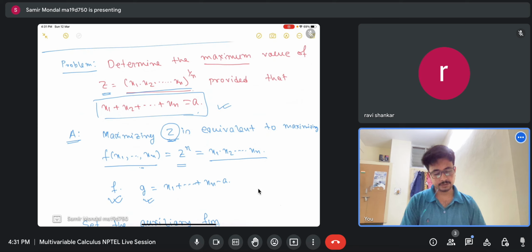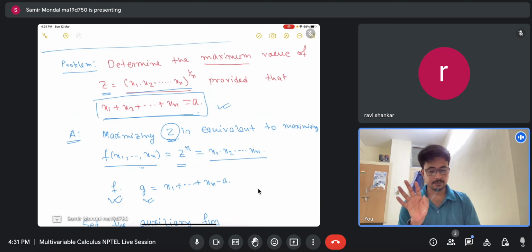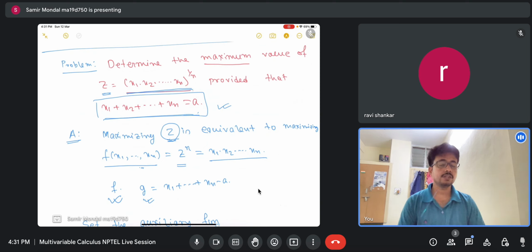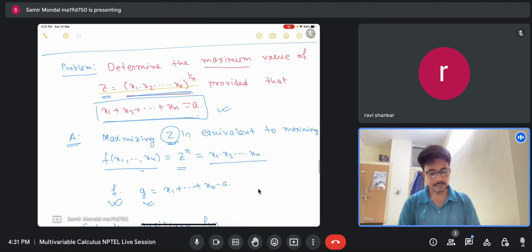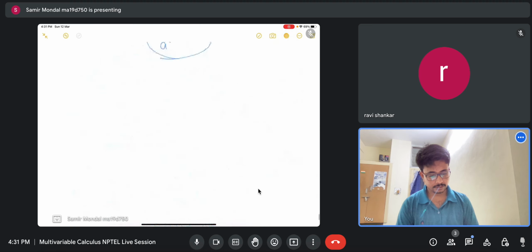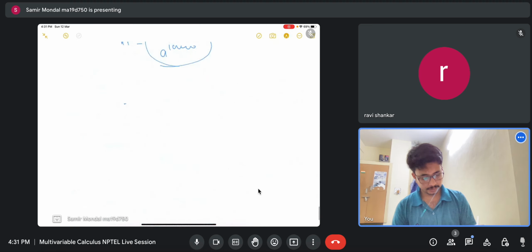How? From here we will get the arithmetic mean of n positive numbers, and from this product we will get the geometric mean. But this z is less than or equal to a by n.